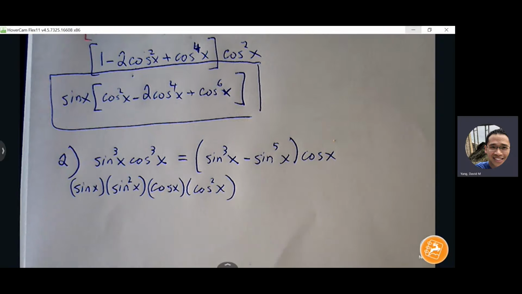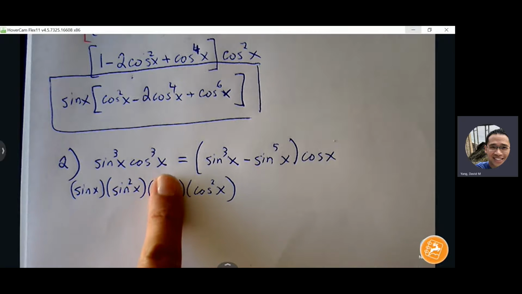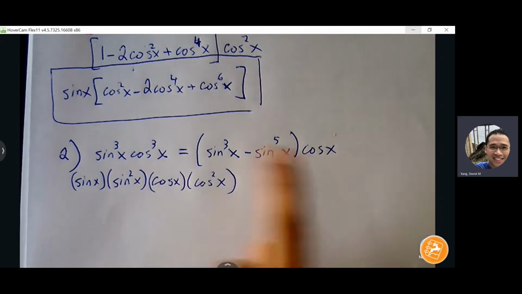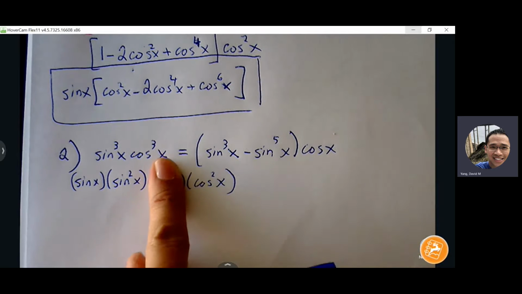Okay, what do you think we can do here from here? Or what can we keep and not have to worry about? The cosine x, right? So we can kind of remove that from our options, right? Because we know that cosine x is going to have to be in our final, so we won't do anything with that. So what do we want the rest of the expression to be in terms of?